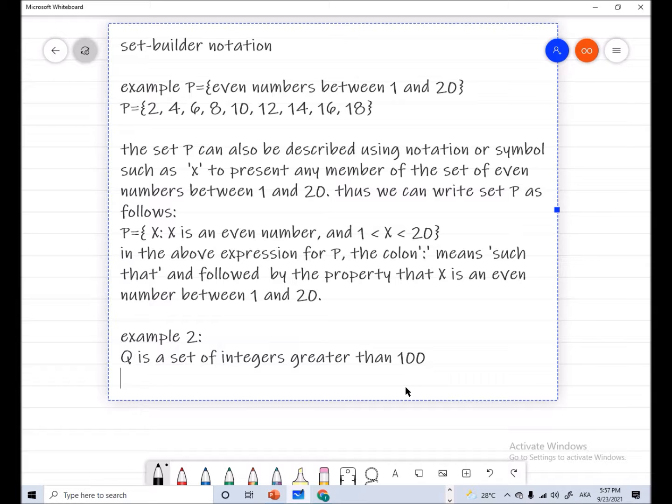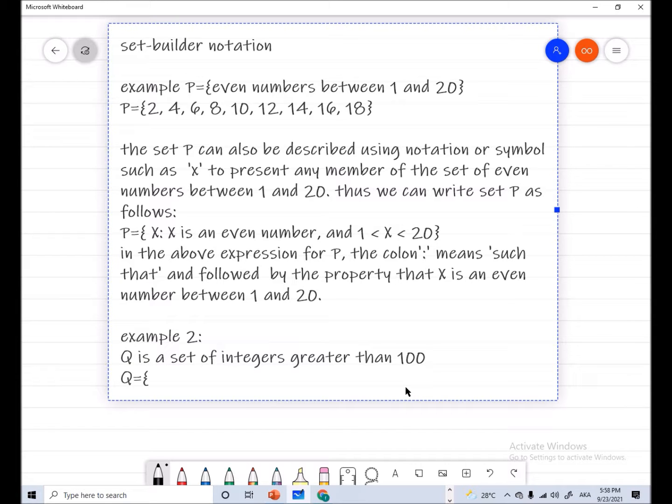So when we meet these in our final exams, don't panic, just understand it and write it in set builder notation, which is very simple. So now let's write it. We say that set Q equals, we bring our curly brackets, our braces. We use x to be the members.